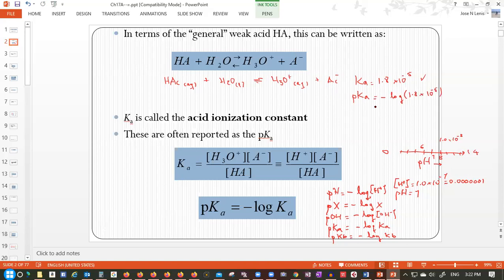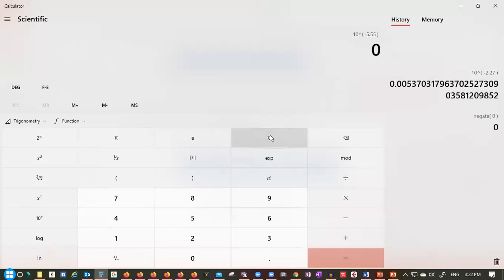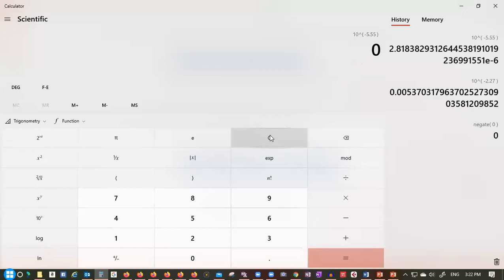How do you do that in the calculator? So let me show you. In our scientific calculator, we just need to make sure you have the function. All scientific calculators have the function. This is log, and this is the natural log.